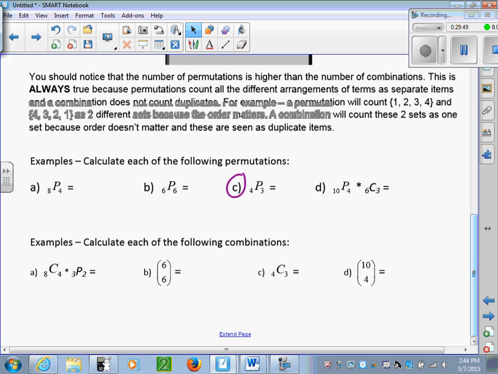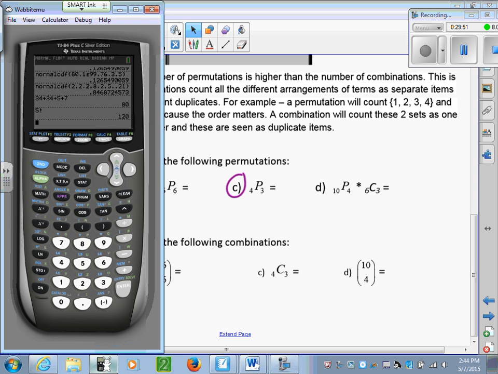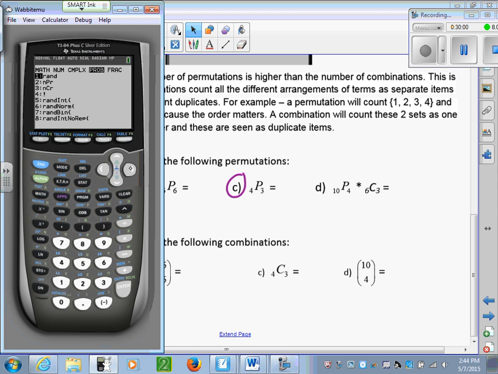So I go to my calculator, go to Math, probability. You see it says NPR right here on number 2, so I'm going to scroll down and select 2.